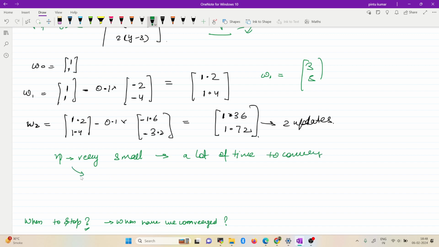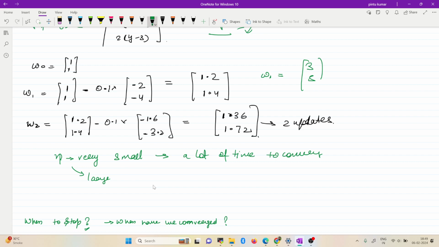And if you take your eta to be very large, then there is a possibility that you don't even converge to your local minima, because you will skip that point and you can jump out of it. So you should try to take some moderate value of eta.